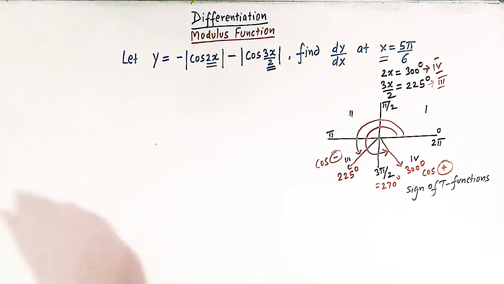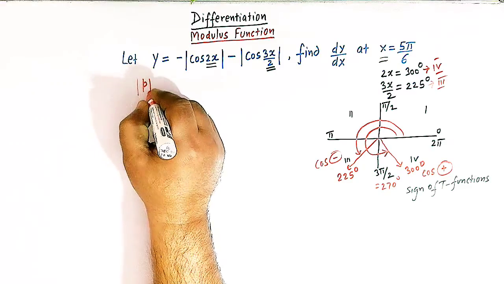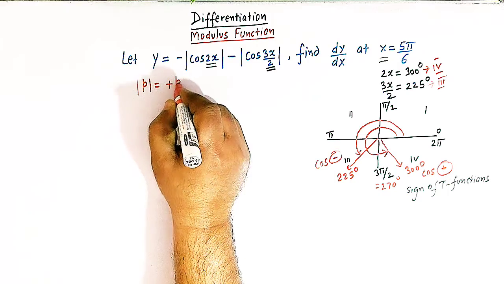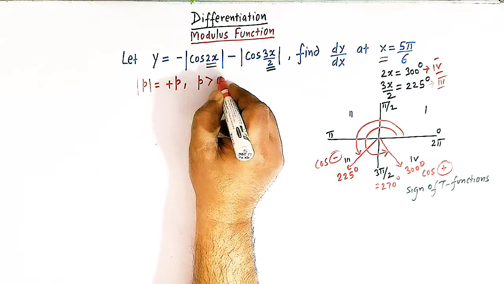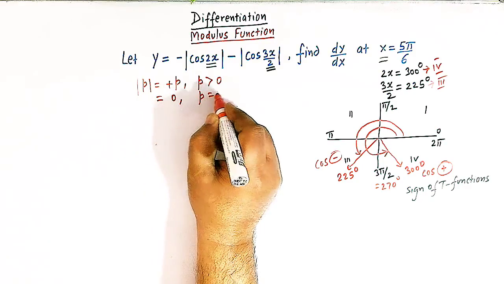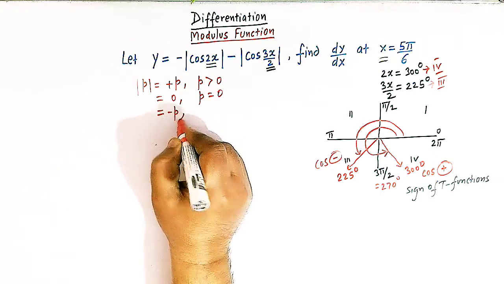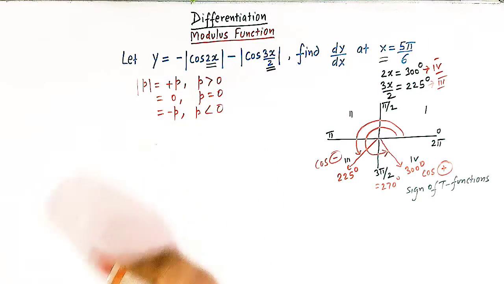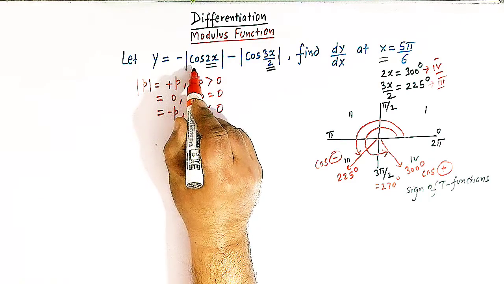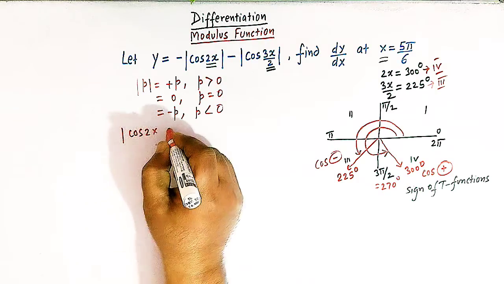So now quickly see the definition of mod function. Now see, mod of p is defined like this. Mod of p is positive p whenever p is greater than 0, and mod of p is 0 whenever p is equal to 0, and mod of p is negative p whenever p is less than 0, right? So now let us consider the first expression, that is mod of cos 2x, right?